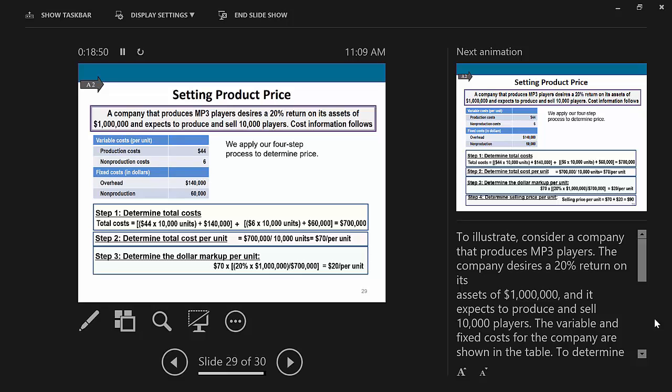Okay, so if it's $70 and they wanted $200,000 profit on top of that, and they're producing how many units? 10,000 units. Okay, so 200,000 divided by the 10,000 units means they need an extra what? $20 per unit, don't they, to cover the profit? So I take that $20 plus the $70.